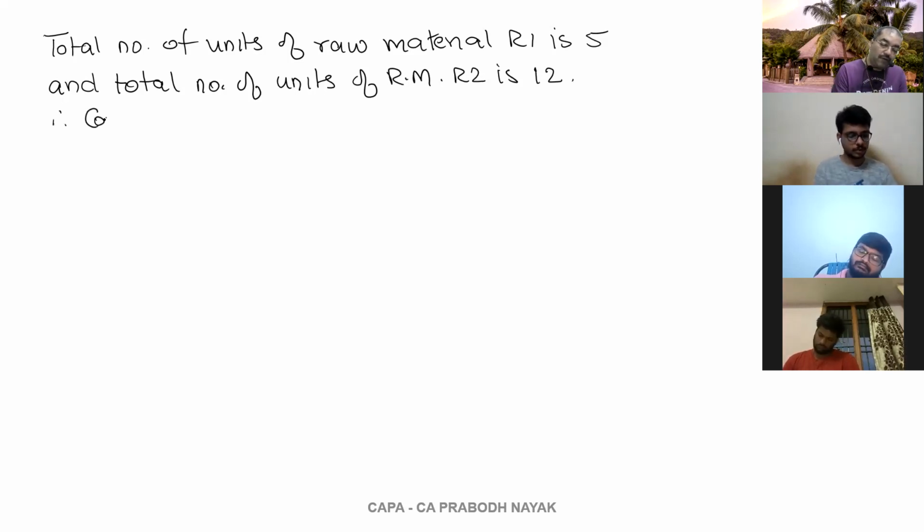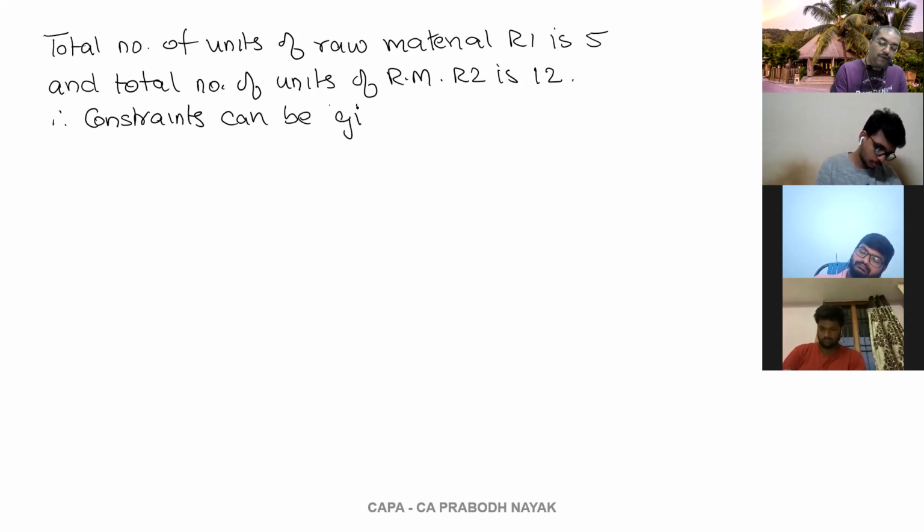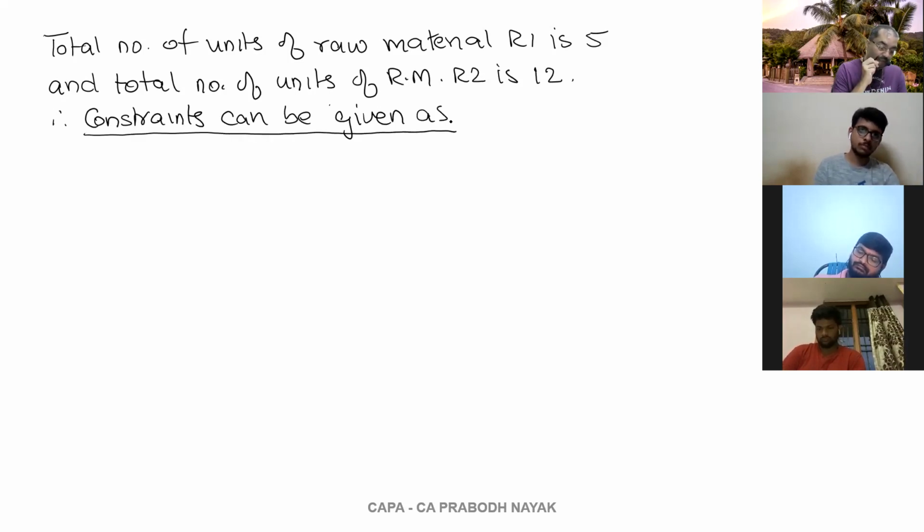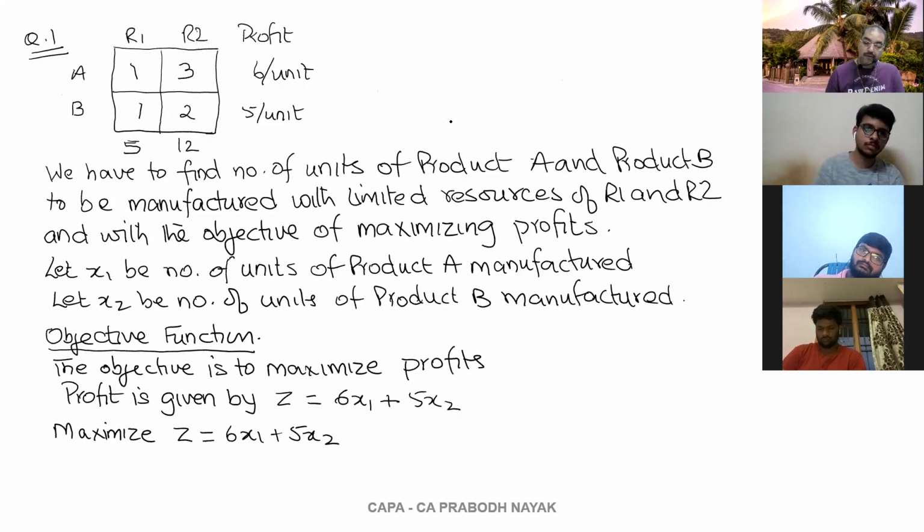Therefore, constraints can be given as: one unit of R1 for A, and how many units are we producing?